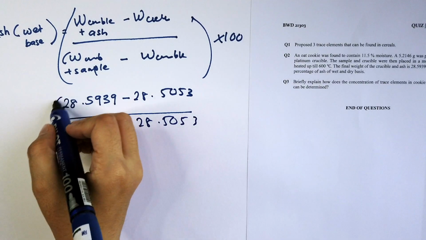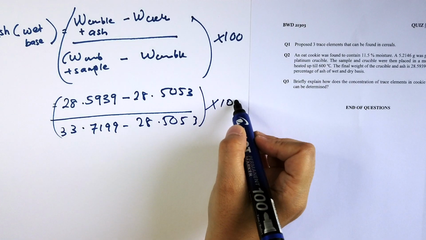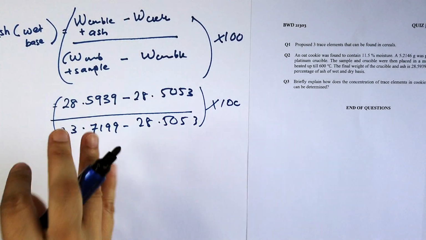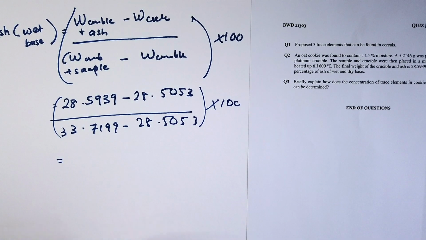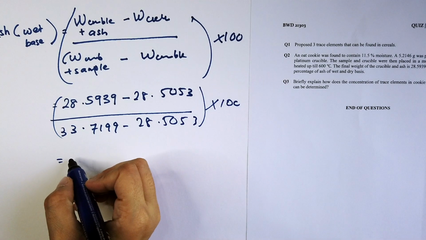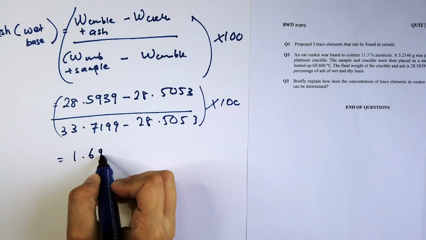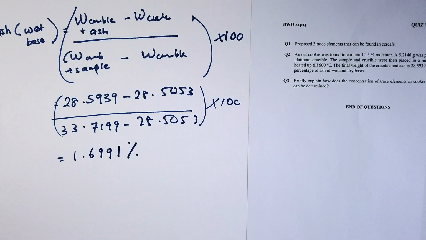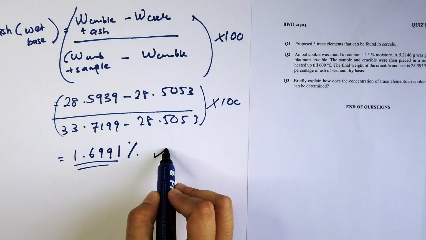All these things times 100. You just have to press your calculator, and you will get the percentage of ash for wet base, which is equivalent to 1.6991%. Okay, this is the first part of the question.